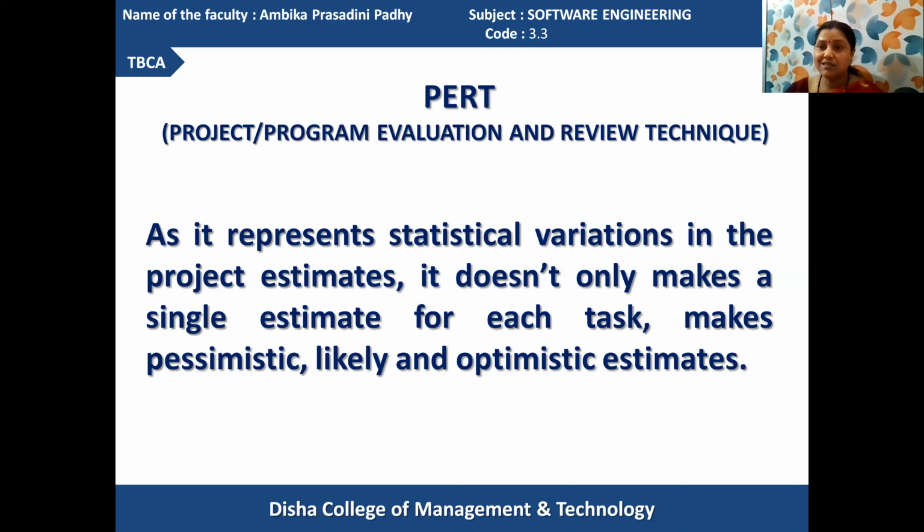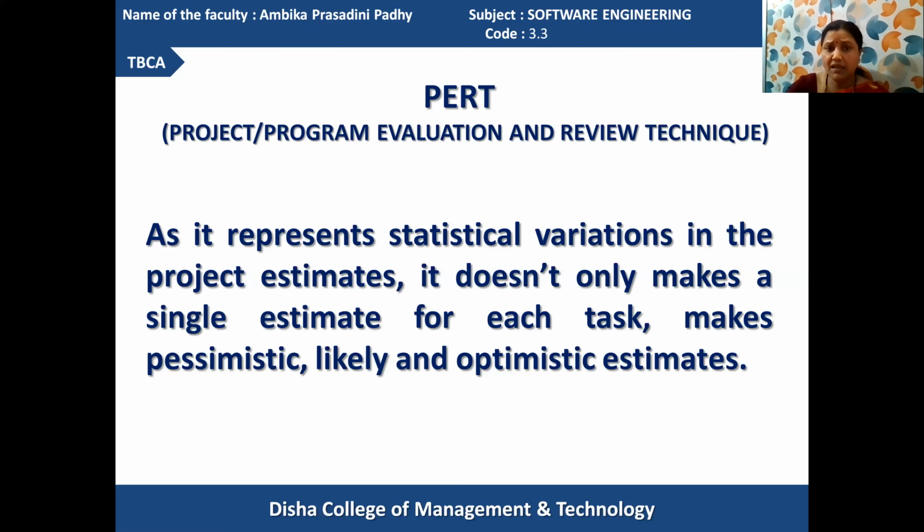But if it fails to complete its job within the likely estimate, then what may be the pessimistic value? How much more time can it require? Got it? What will be the pessimistic value we can specify here?